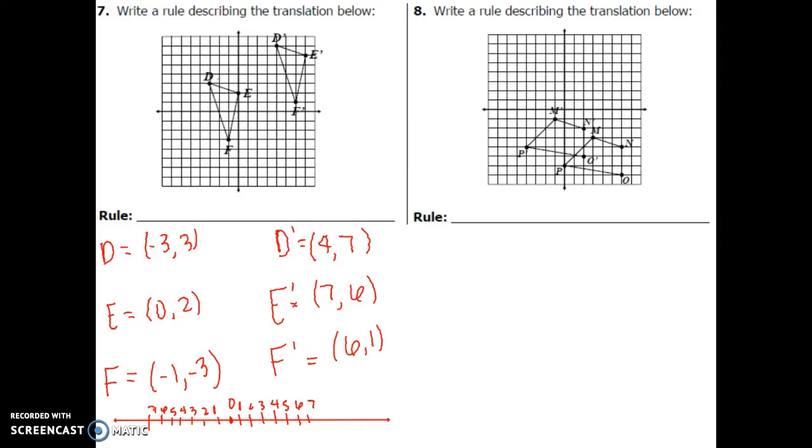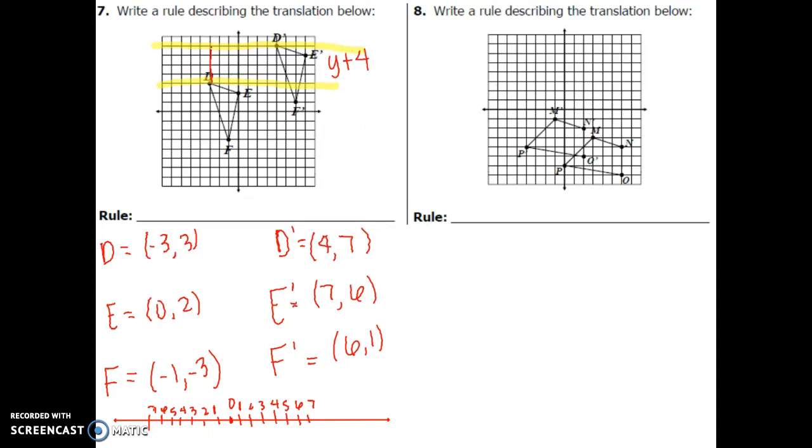So I'm going to see how my x moved in a horizontal direction and how much my y moved in a vertical. So for my y's, I went from this line to this line in the y direction. I went up 1, 2, 3, 4. That means I went plus 4 on my y.